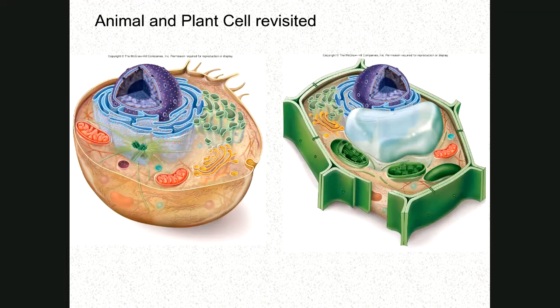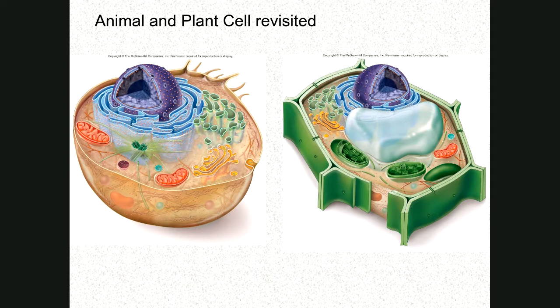Let's look at this. So we talk about the plasma membrane, both in animals and plants. It's the same thing. Around the plasma membrane, the rough endoplasmic reticulum, smooth ER, Golgi, also in animals, nucleus, right?